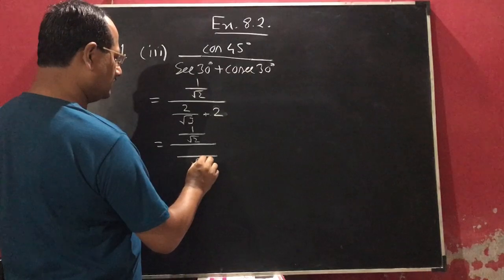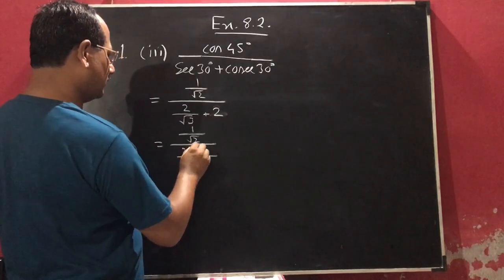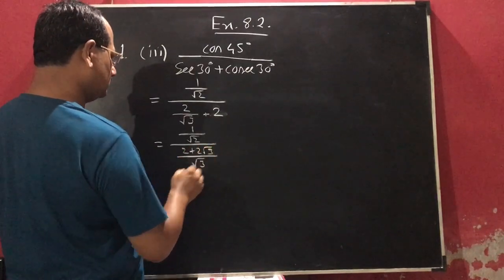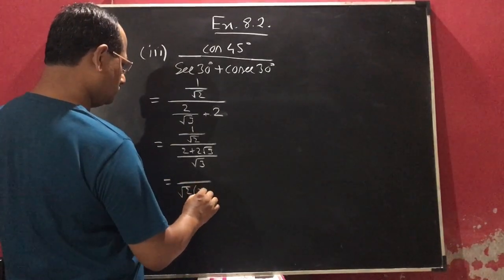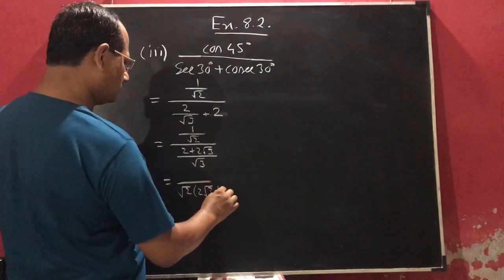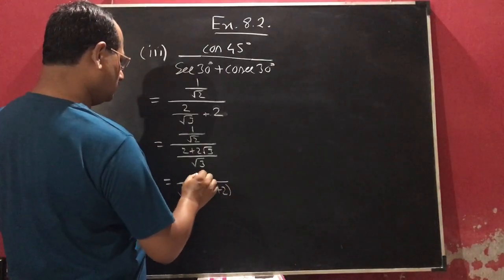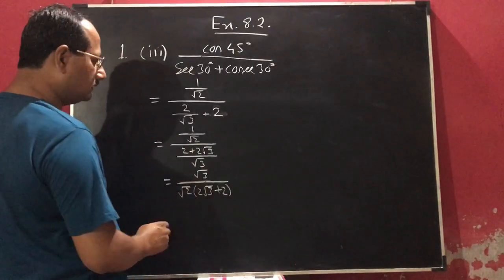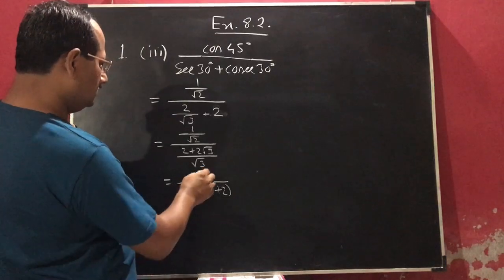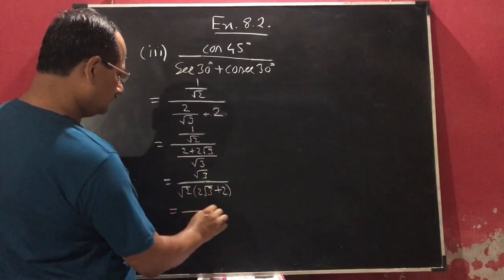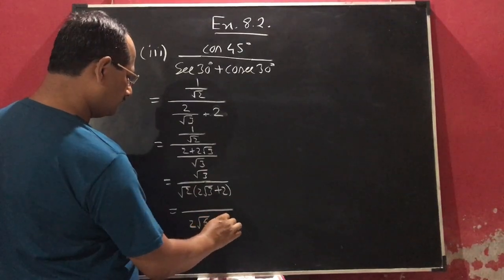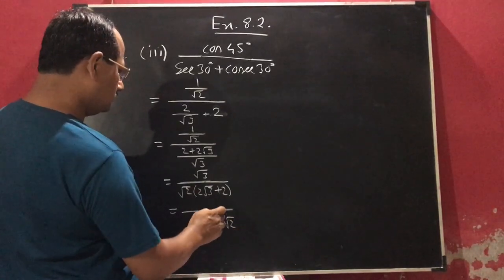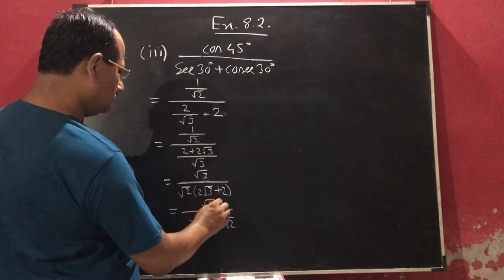It is 1 by root 2, root 3. Take LCM. 2 plus 2 root 3. Then root 2 into 2 root 3 plus 2 into root 3, root 3 divided by root 2 into, that is equal to 2 root 6 plus 2 root 2 into root 3.